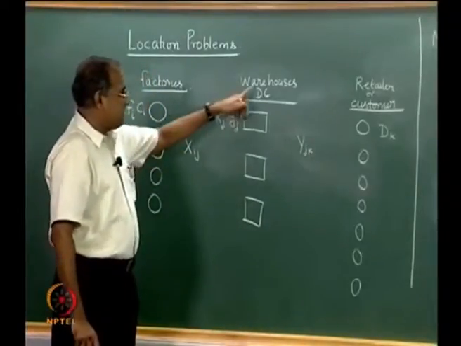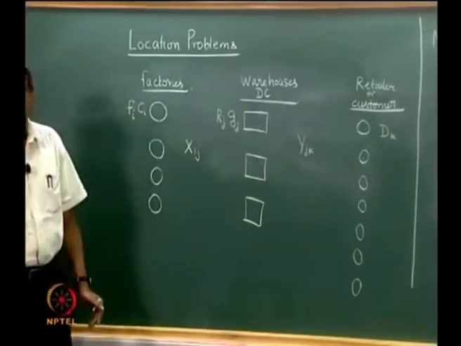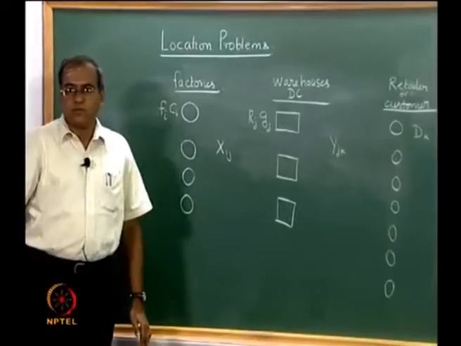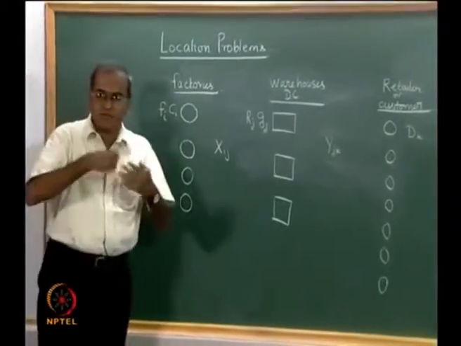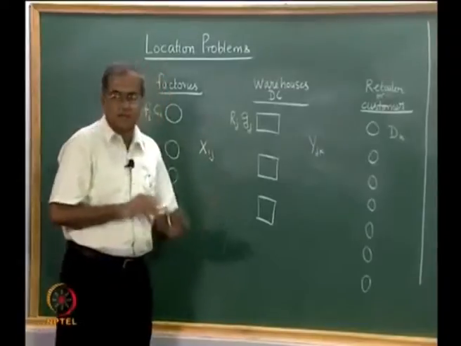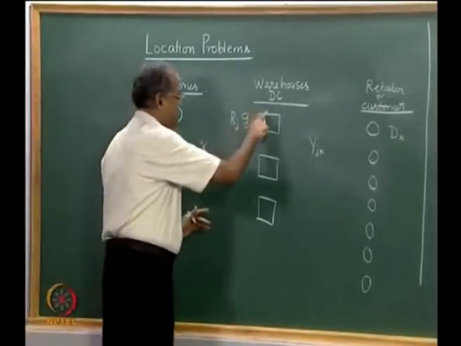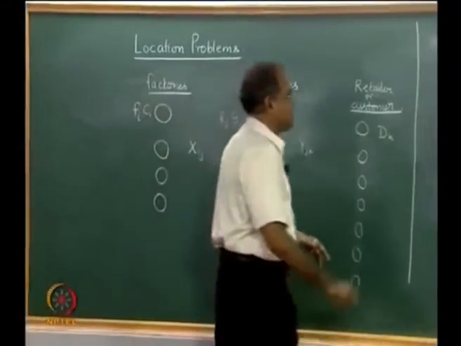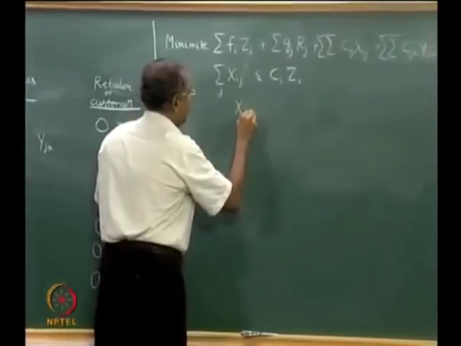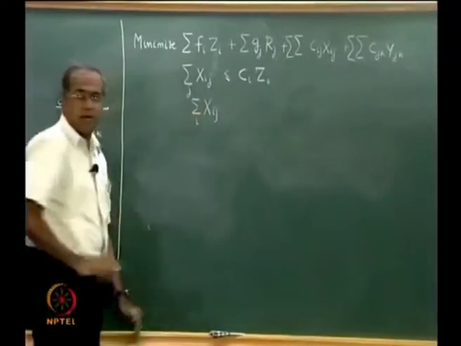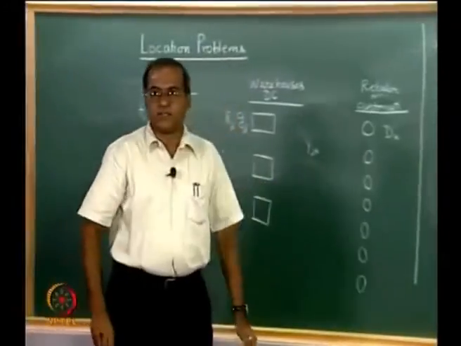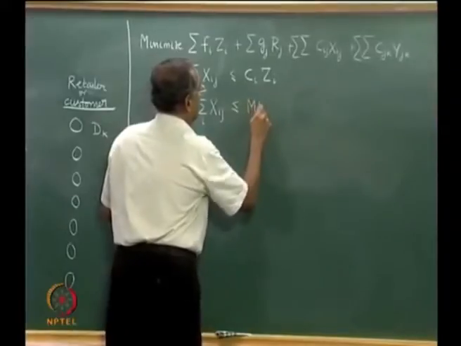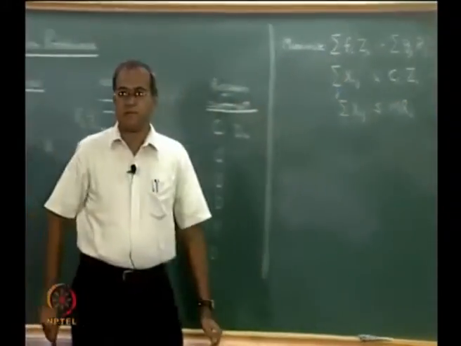Now, as far as these warehouses are concerned, whatever it receives should also be, first two things will have to happen. It can receive some quantity Xij only when the warehouse is opened, otherwise it cannot receive. So, as far as every warehouse is concerned, whatever it receives, Xij summed over I, one way is to write it as should be less than or equal to big M into Rj.